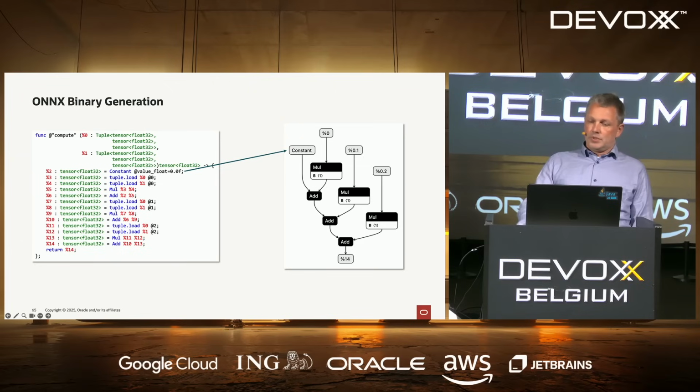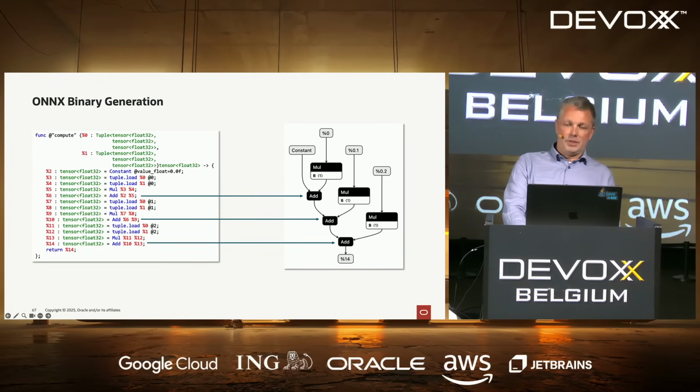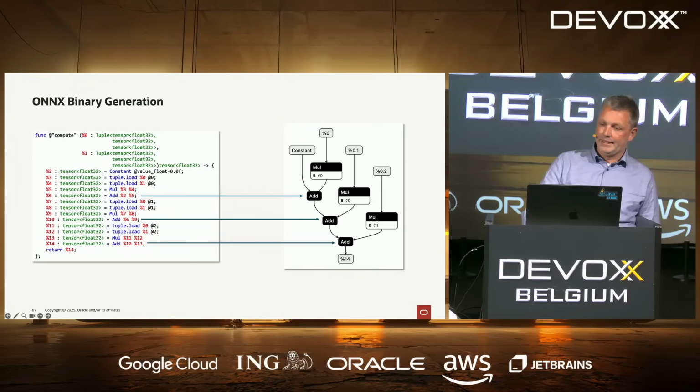Operation attributes are also embedded. In our case, it's just the 0. And multiply operations and their inputs and outputs, as well as the add operations' inputs and outputs, are linked together into the computational graph you see on the right side.